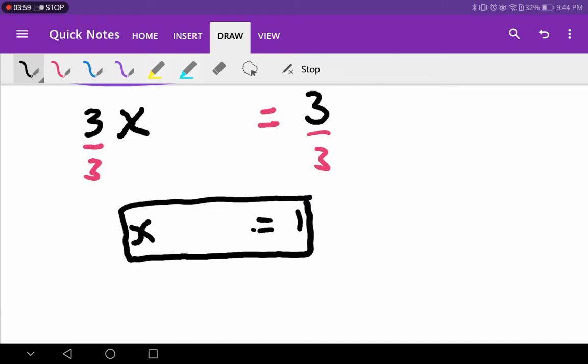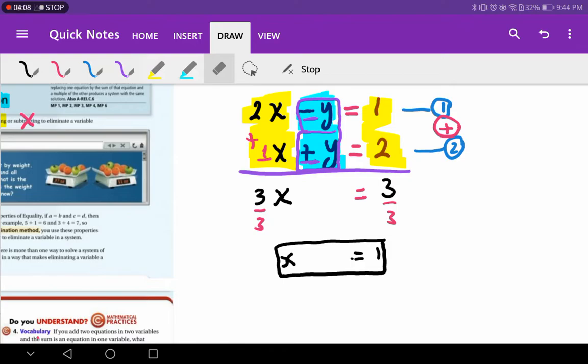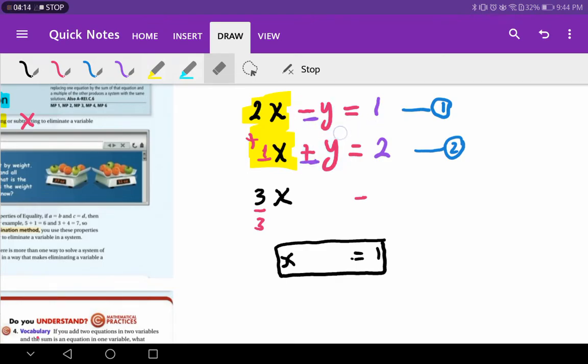Okay, my boys? Okay, teacher. That means I have to come back to equation number 1 or 2 to find out the value of y, because I'm done with x.